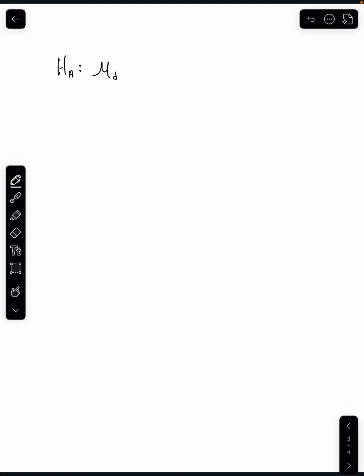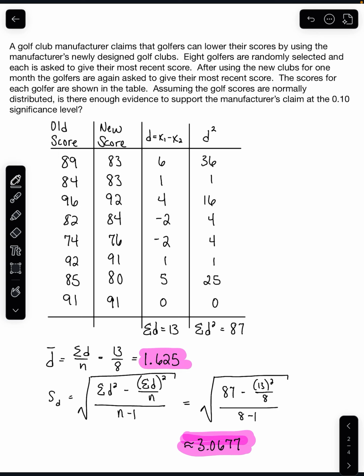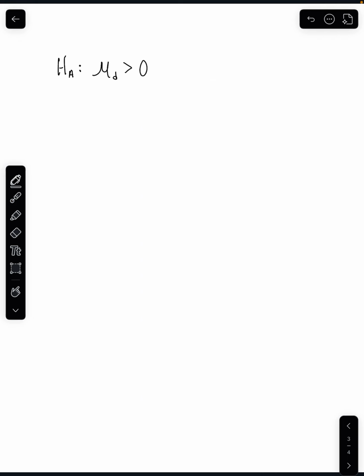So they expect that the mean of the differences should be greater than 0. Greater than 0 because when the score went down, when we got a better score, we ended up with a positive difference. A positive difference represents that our score went down. So the manufacturer claims that the mean difference is positive, meaning the scores, on average, went down.